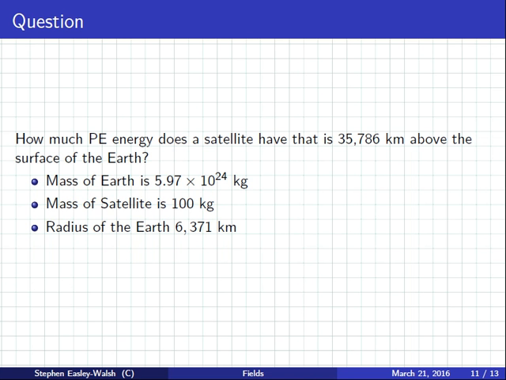So the total energy is huge. And you can see this. That's why rockets are so big. Because to get something escaped from the Earth, it requires a huge amount of energy, because the potential energy is so negative. It's so trapped by the Earth. A lot of energy is required to free it.